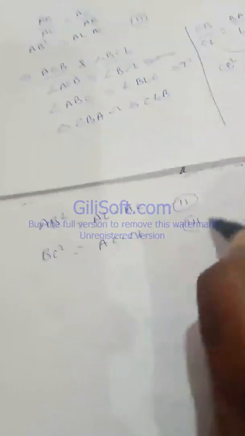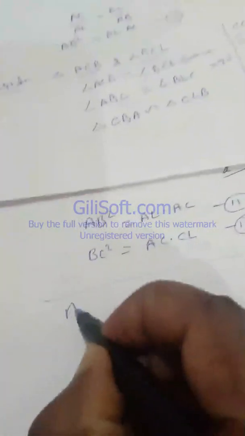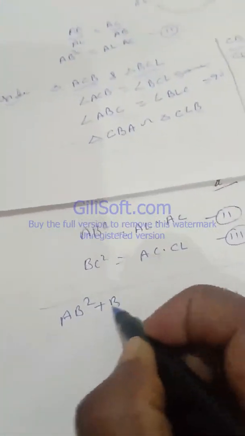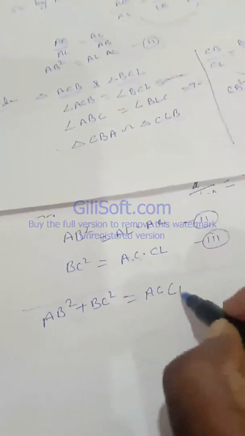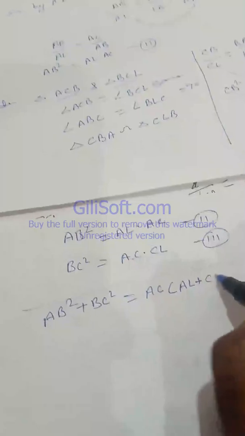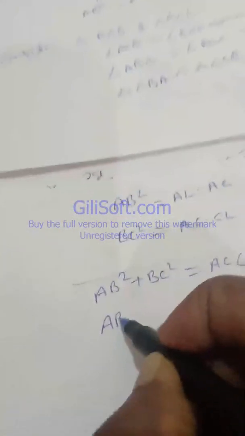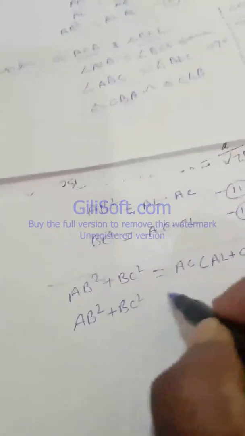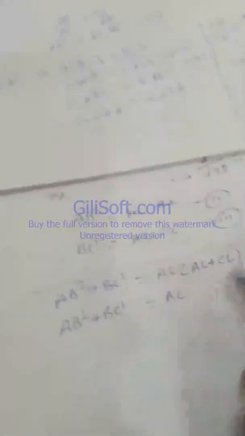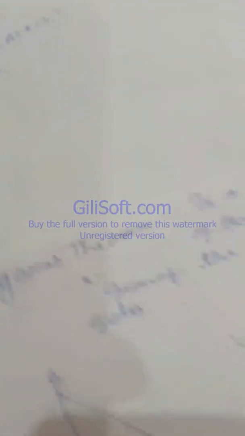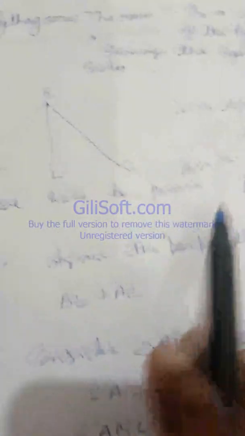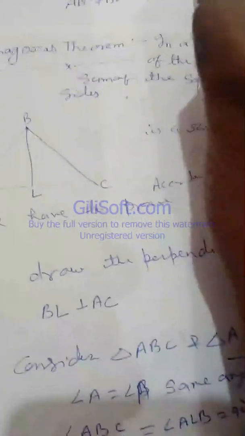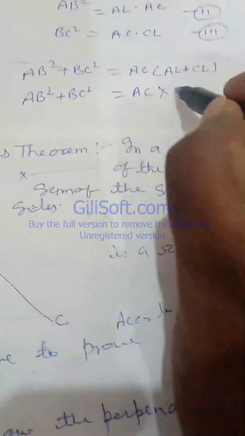If we add these two, we get AB square plus BC square, and we can take AC common, giving AL plus CL. From the figure you can see that AL plus CL is equal to AC.